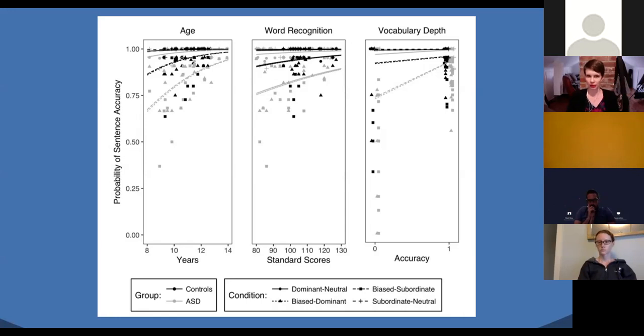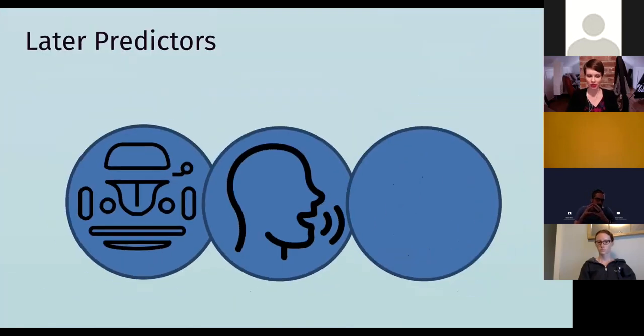So yes, the children with autism are performing worse, but we do see that these individual differences are also related to performance. And so we would argue that it was not weak central coherence that was capturing this performance, but was more related to individual differences, including particularly that vocabulary depth, which would be related to their oral language abilities.